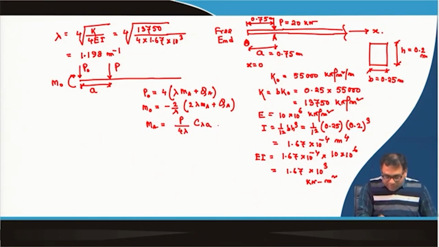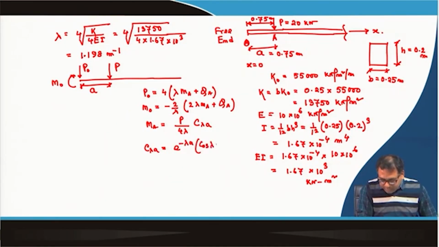Okay. So, I am showing one calculation of how to calculate C lambda A, because C lambda A will be equal to e to the power minus lambda A, then cos lambda A minus sin lambda A. Okay.